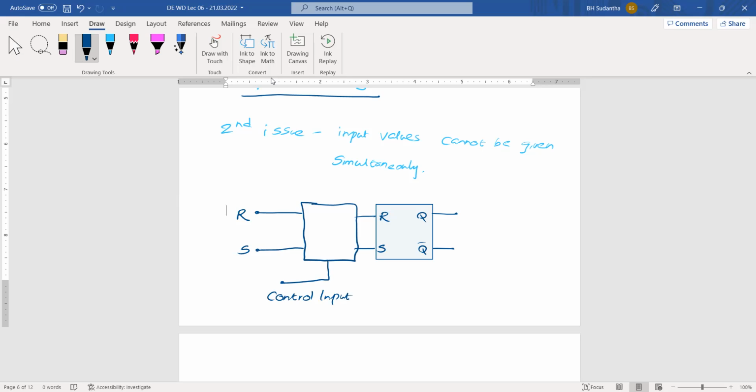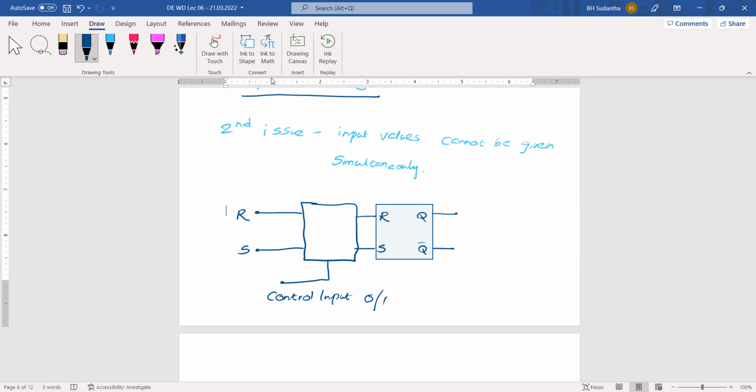This control input can have 0 and 1. When the 0 value is there, we are not sending these R and S values to the original flip-flop R and S lines. We have time. The user can take any time there. He has the freedom to change these R and S values, taking his own time.